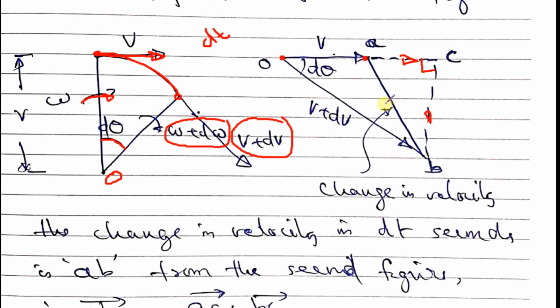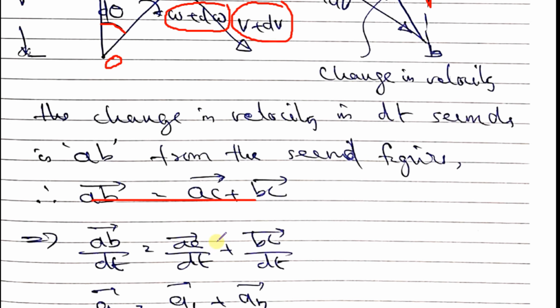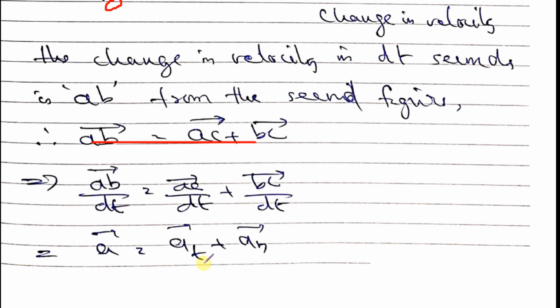AC by dt is the tangential acceleration at, and BC by dt is the normal acceleration an. Therefore, the total acceleration a is equal to at plus an, all in vector form.